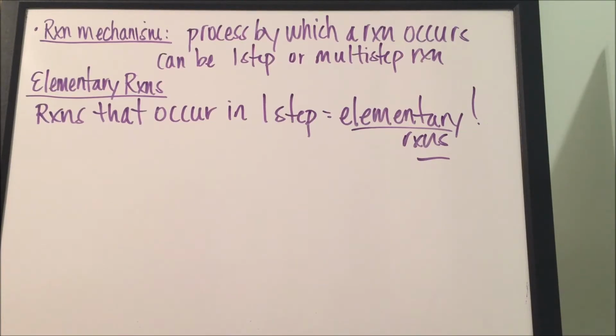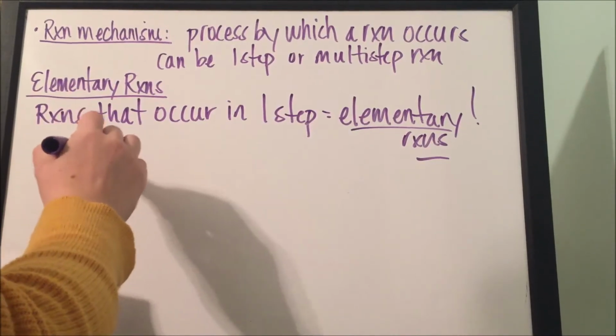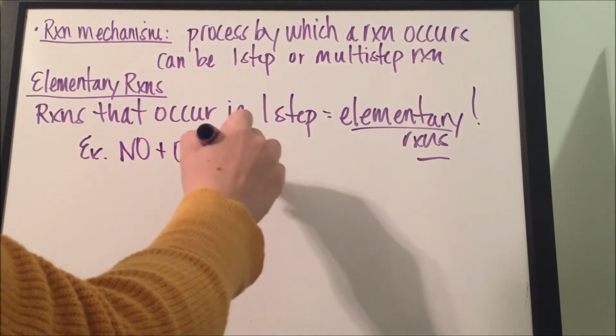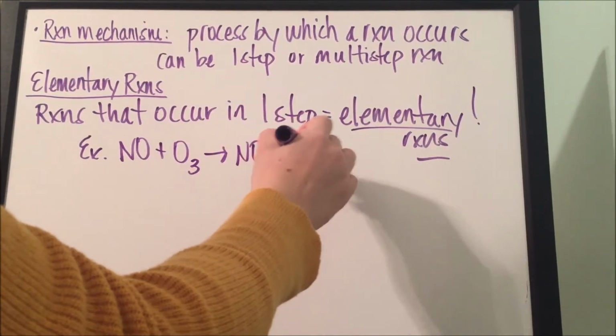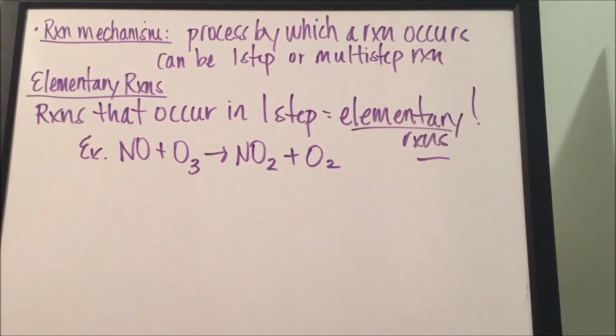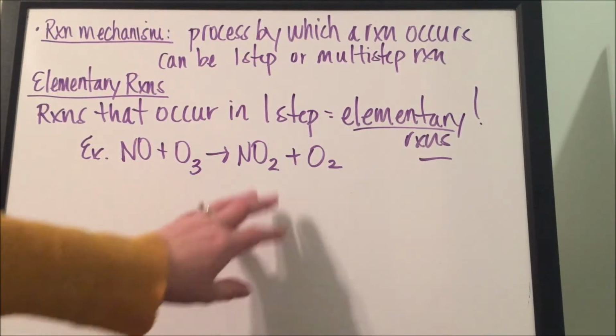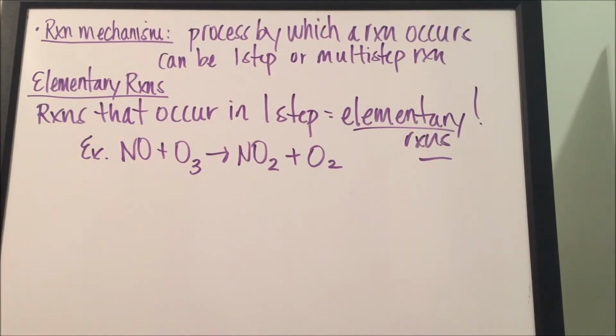So it's not a series of steps, it's just one step. So for example, this is an elementary reaction because it occurs in one step. This reaction occurs when this NO collides with an O3 and produces the 2 products.